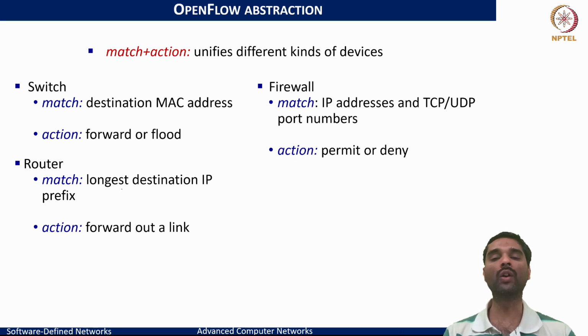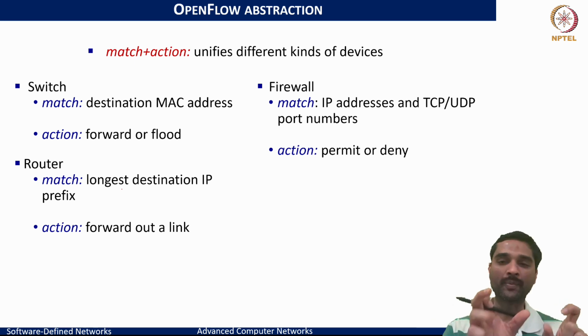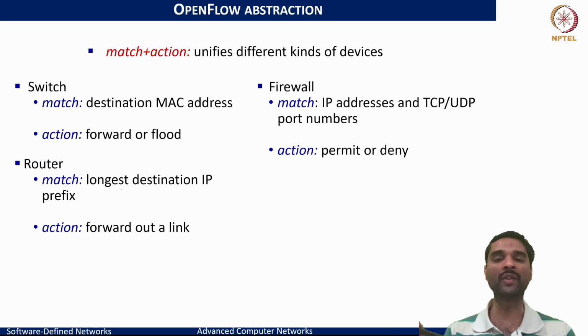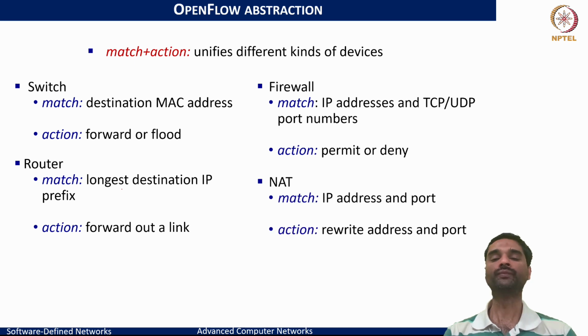Either it would permit the packets, that is, you forward the packets to reach the intended destination, or if you want to block certain packets, then you would drop or basically deny the packets from going forward. So with the match action aspects, using the action as either forward or drop and specifying the match with respect to the IP addresses and TCP or UDP port numbers as an exact match, we can implement the firewall functionality as well.